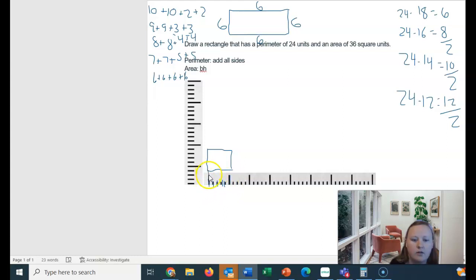So our rectangle is from here to here because that's 6, and then from here to here is also 6. So there's 6 and there's 6. That is how you find the perimeter and area. You just have to keep trial and error until you find the numbers that it's asking for.